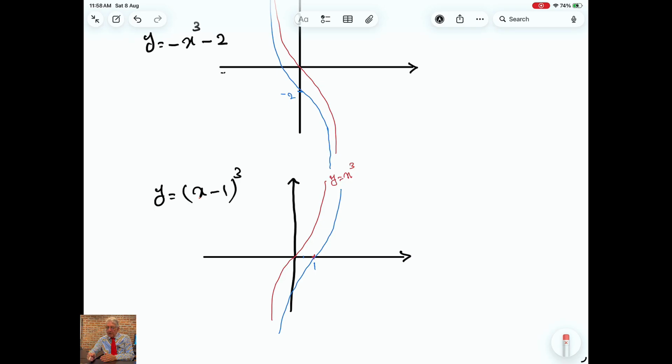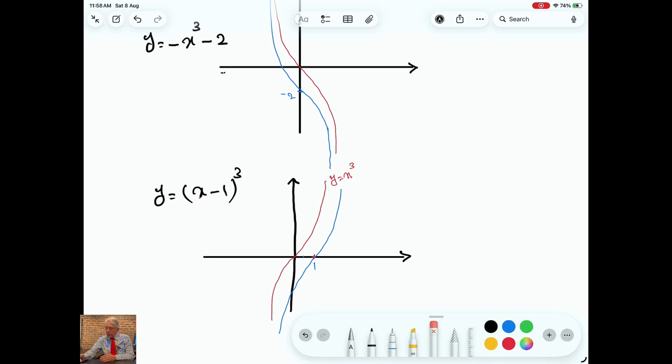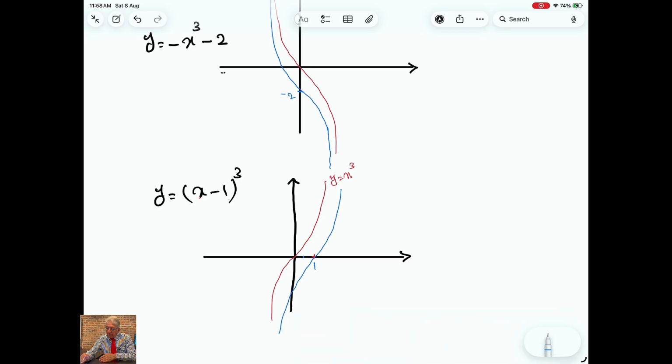Therefore, the blue color will be y equal to x minus 1 to the power of 3. You see now, if you are putting 1 here, you are going to get 0. And if you are putting 0 here, you are going to get 0. Therefore, this x here, you need to put 1 value more than the x here.